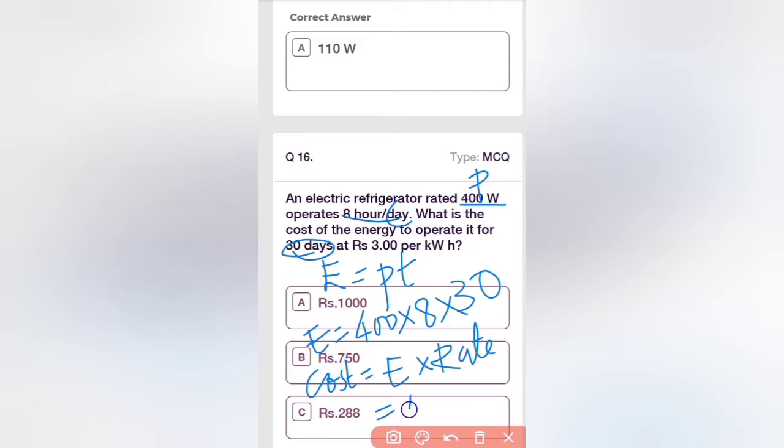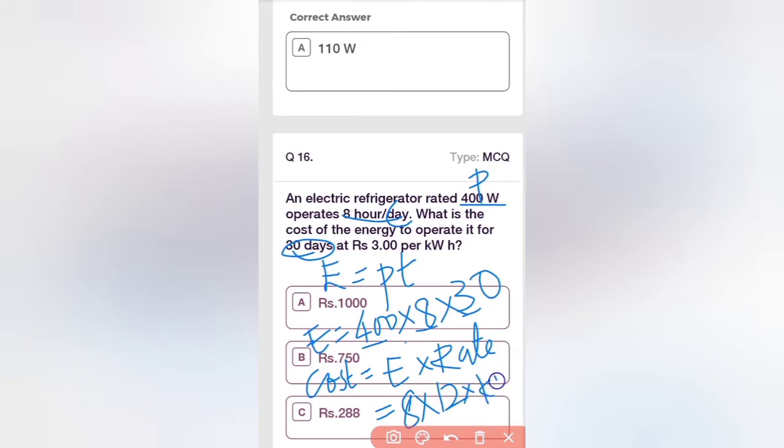Okay. So let us have it as 8 into 12 into kilo. So let us have it as kilowatt. It will be in kilowatt hour.